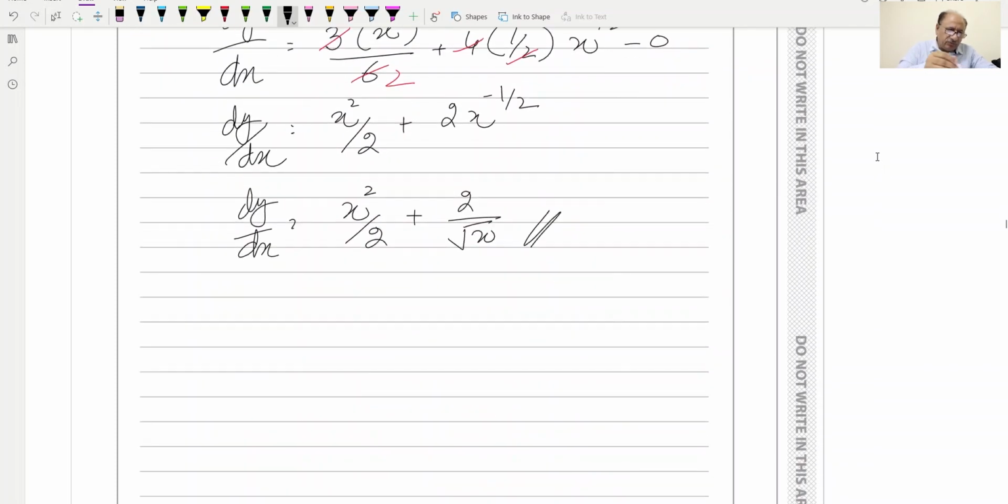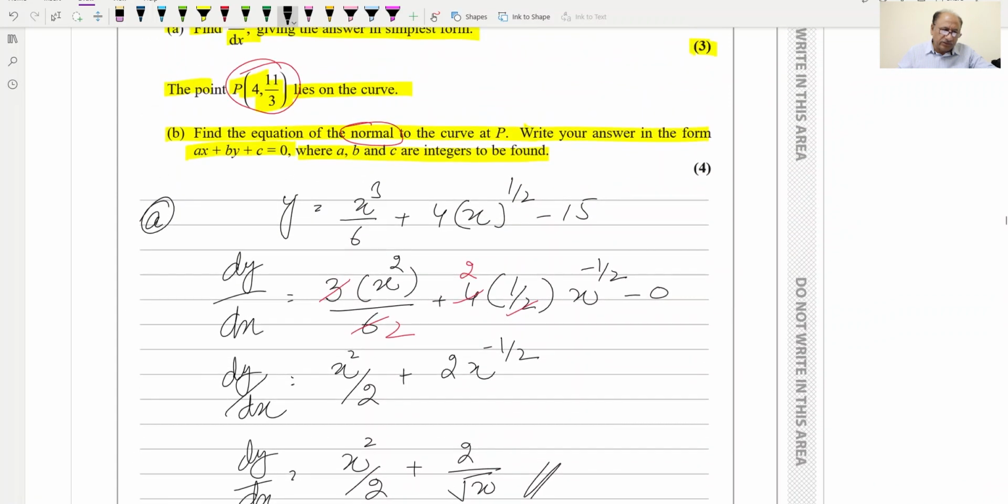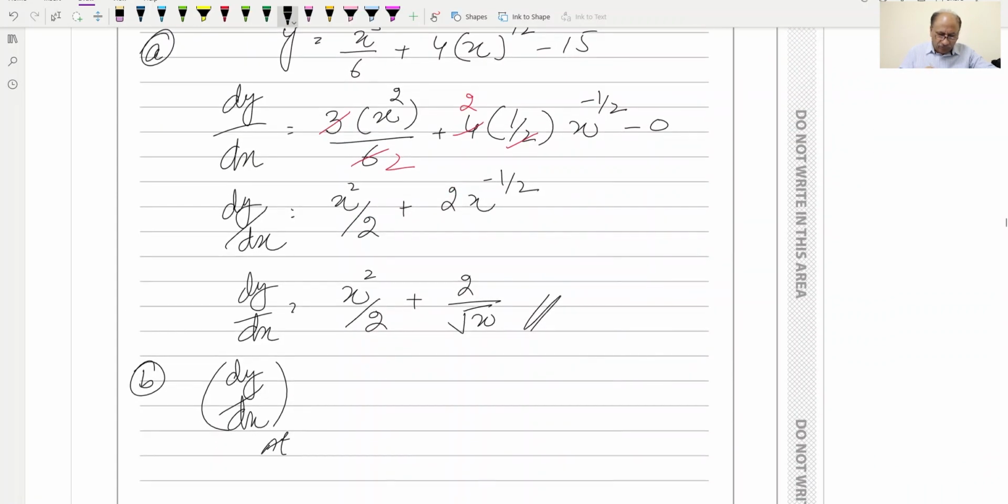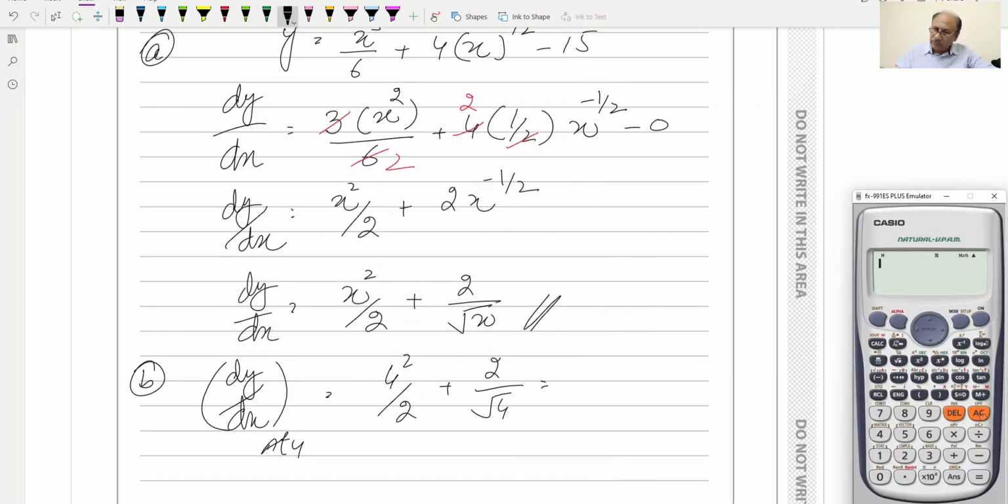Now dy by dx we already have, and we will find dy by dx at P. dy by dx at the point will be what? At the point the x value is 4, so at 4 it will be equal to 4 squared by 2 plus 2 over root 4, and we can calculate this: 4 squared divided by 2, plus 2 over root 4, and this will result in 9.